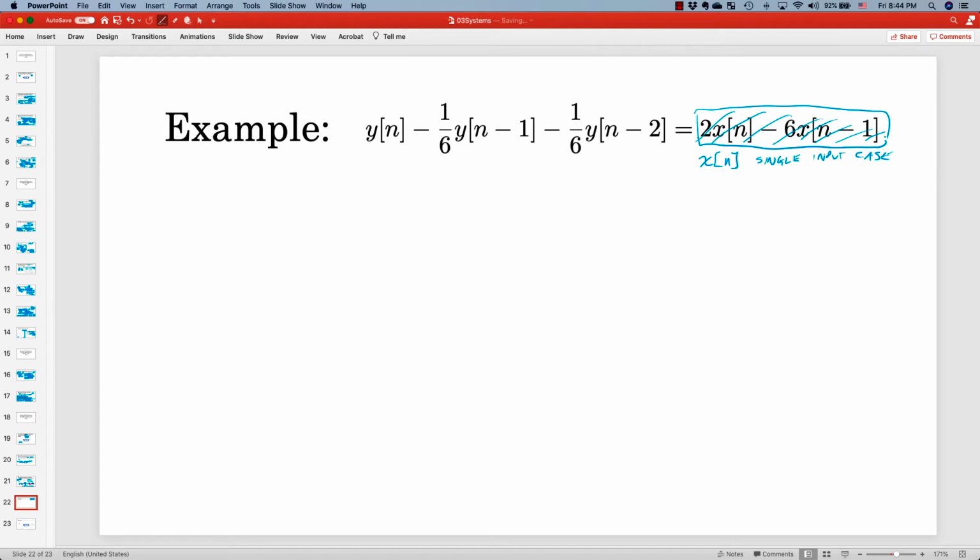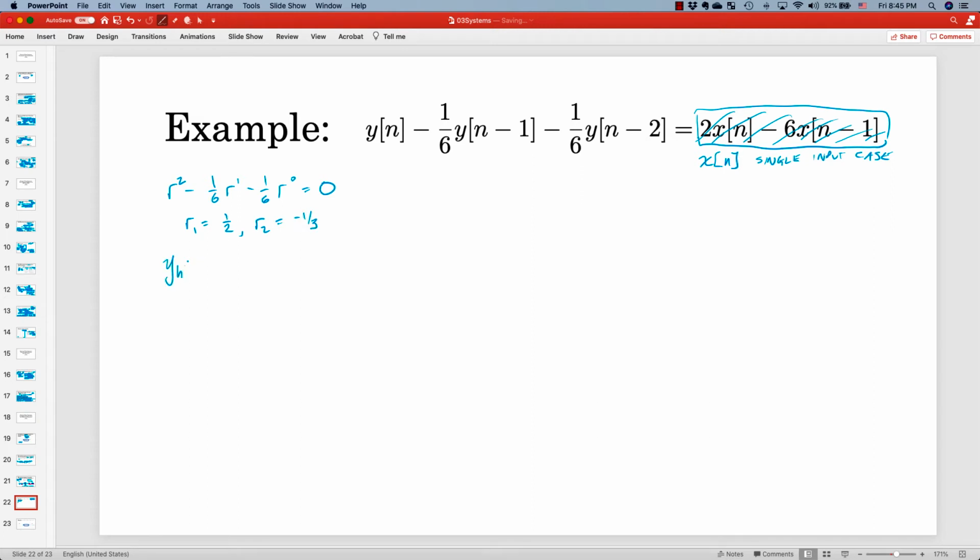Okay, so now we're ready to solve for the impulse response of this simpler system. The first step in finding the impulse response would be to find the characteristic roots. So here we go: r² - (1/6)r¹ - (1/6)r⁰, set that equal to 0. This factors into a first characteristic root at positive 1/2 and a second characteristic root at negative 1/3.